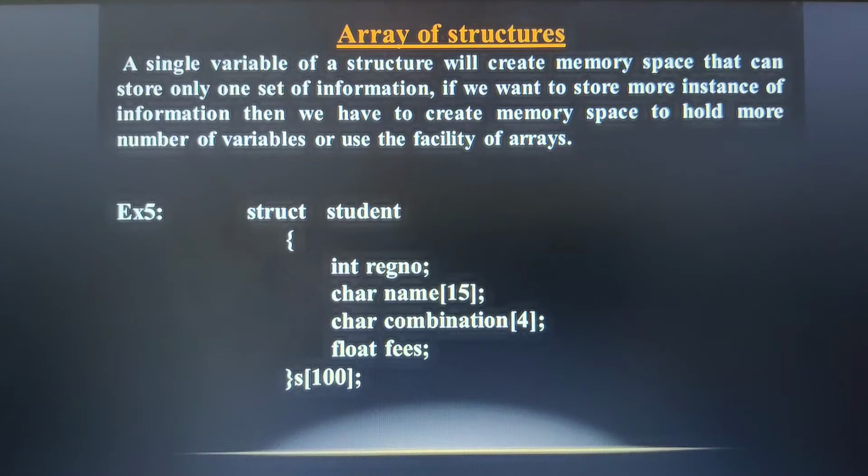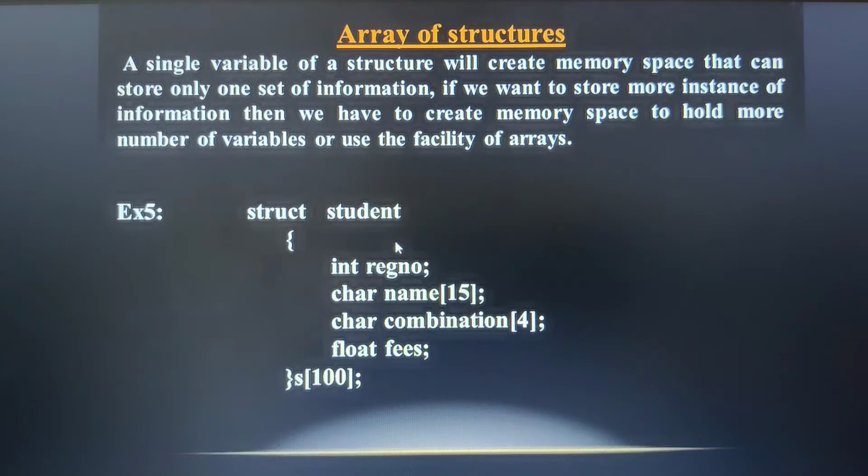So rather than creating a number of structure variables, now just by creating an array of structures, I can store the information depending upon what size you are giving. Depending upon the size, that many sets of information I can store. Now look at this one.